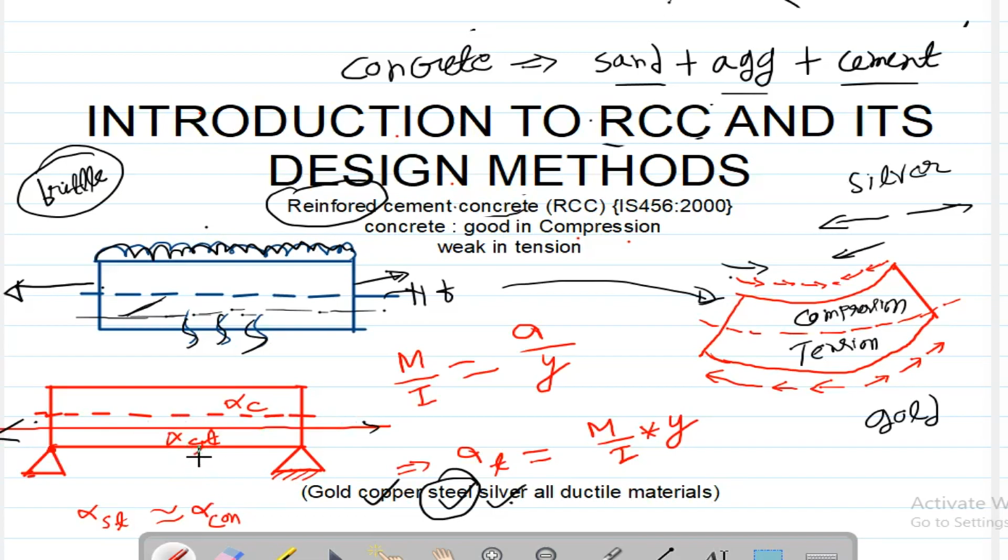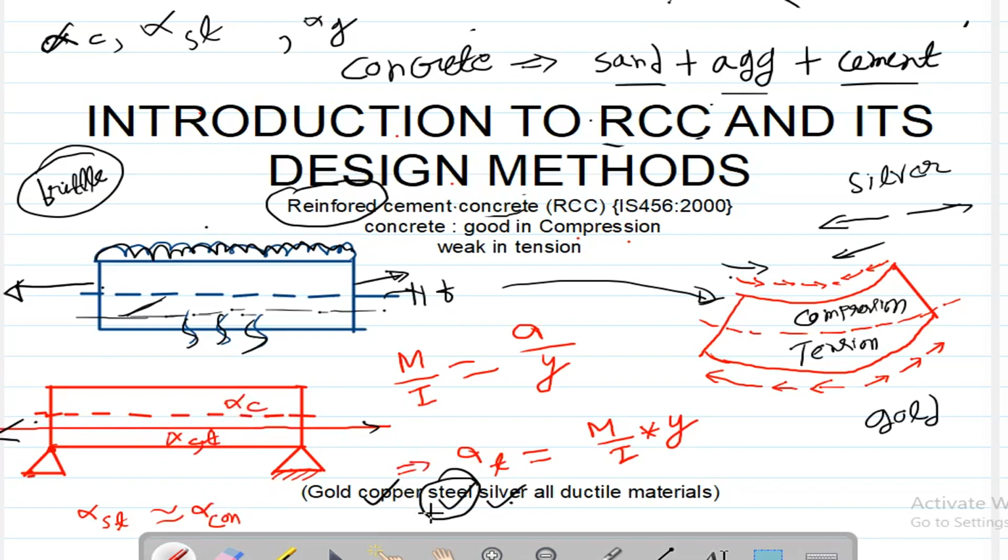But if we put some material in the lower part of the beam, that is, if you put copper or gold there, once the temperature rises, the expansion due to that temperature for concrete and for the gold or copper is not the same, because their coefficient of thermal expansion, alpha c for concrete, alpha steel for steel, alpha gold for gold, is different. The coefficient of thermal expansion for gold, copper and silver is different as compared to concrete.